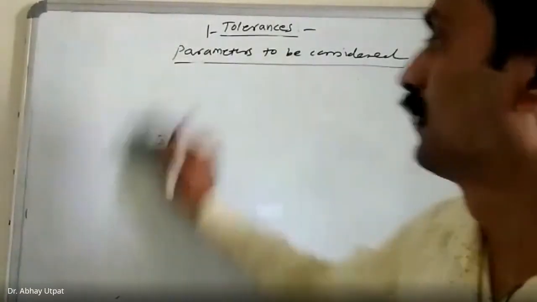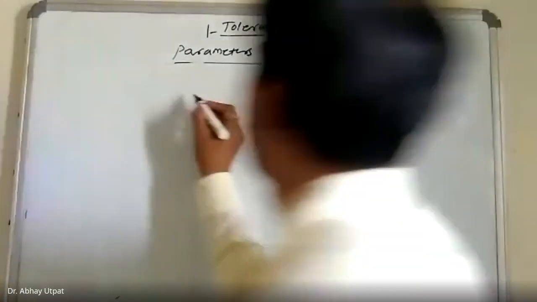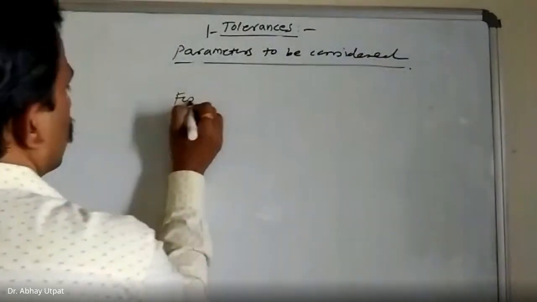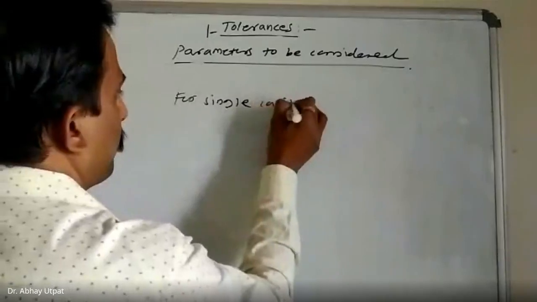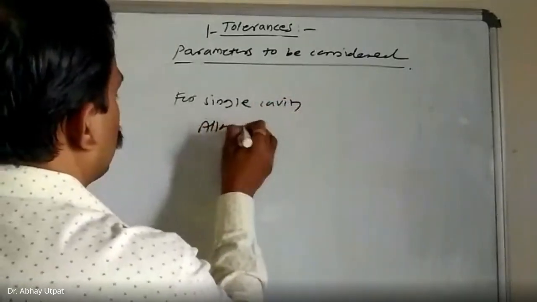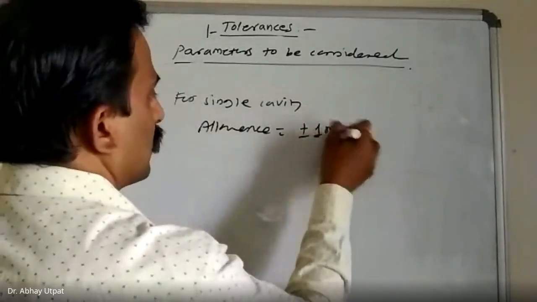Example, for single cavity, cavity means mold cavity. Allowance is equal to plus minus 1 mm.